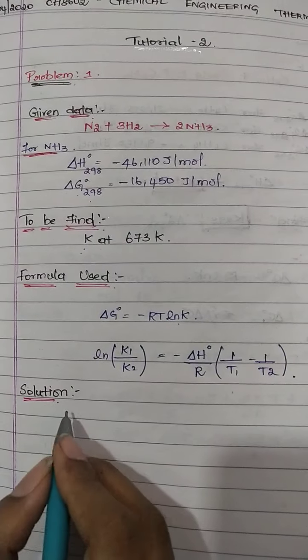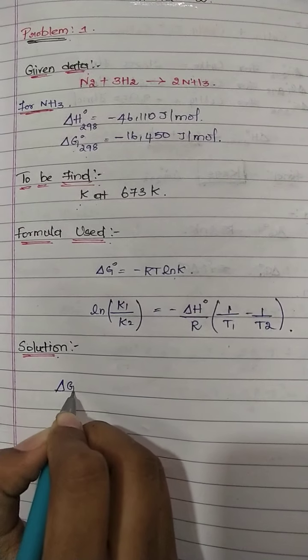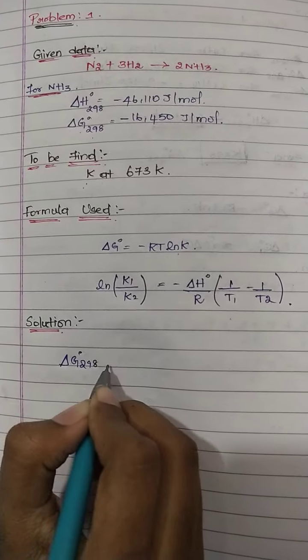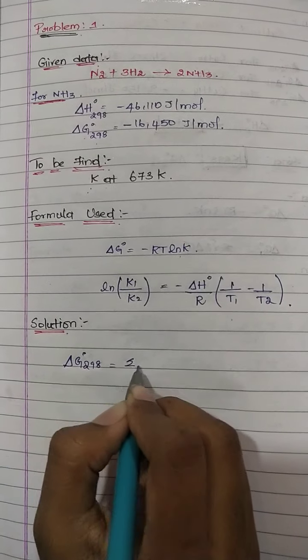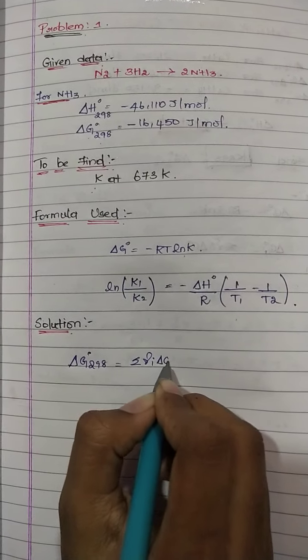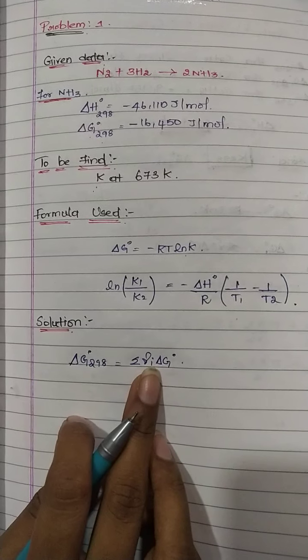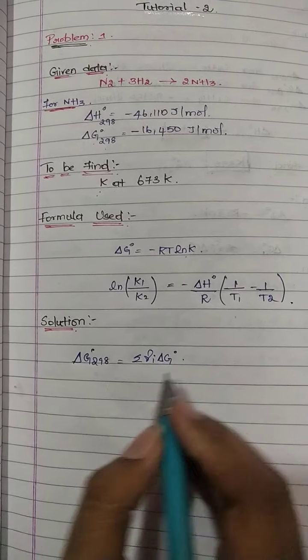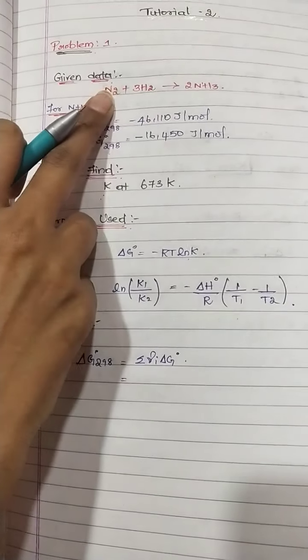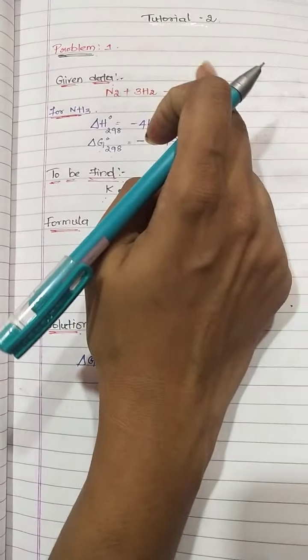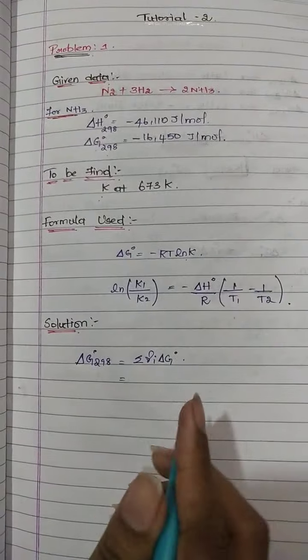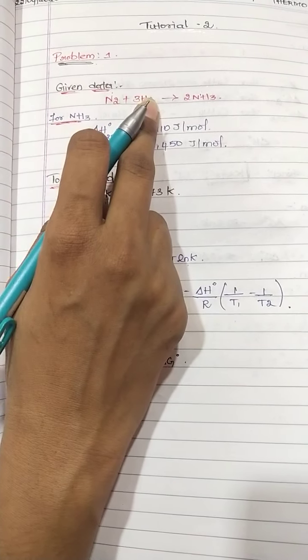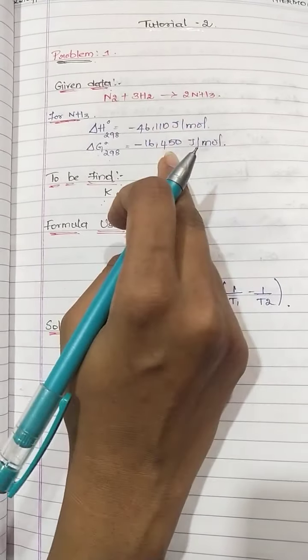When you are finding the overall del G naught 298, the formula is summation of mu i del G naught for each individual component, product minus reactant. Here you are not given N2 and H2, you are given only ammonia, so you need to consider 0 for the rest. Only for NH3 we have values.